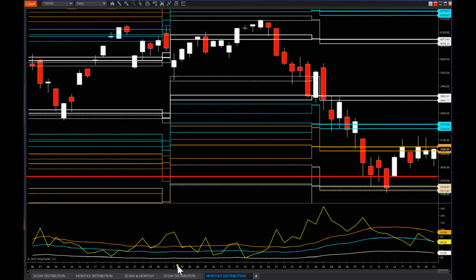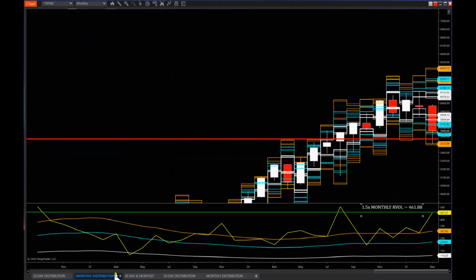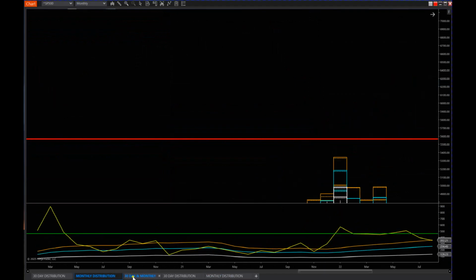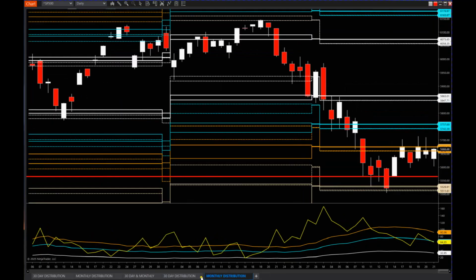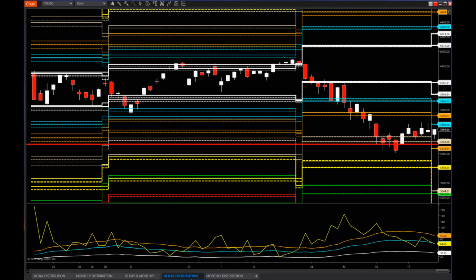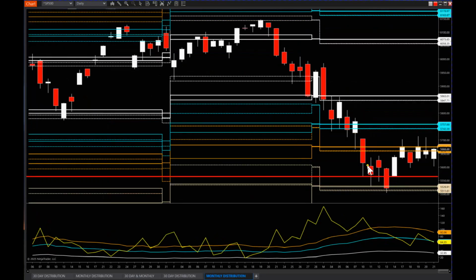So the 30-day dip right here, actually it went down to the monthly calc. So it went from the 30-day calc, the 30-day 1.25, to the monthly 1.25 off of the daily distribution.